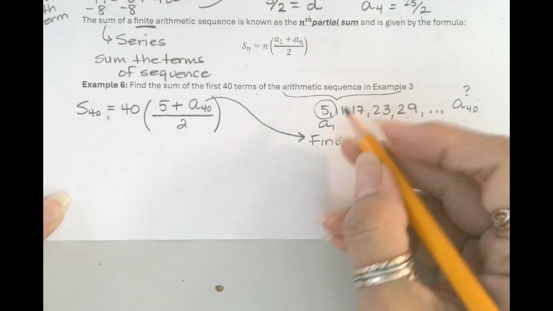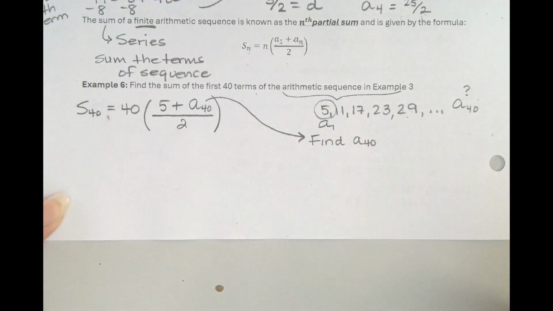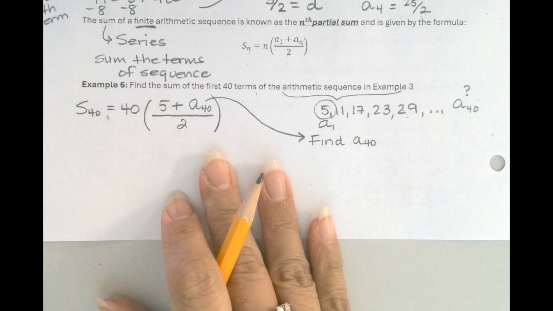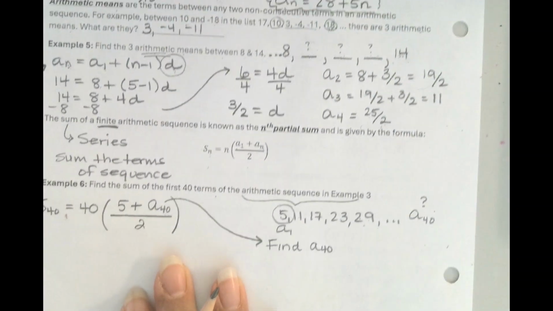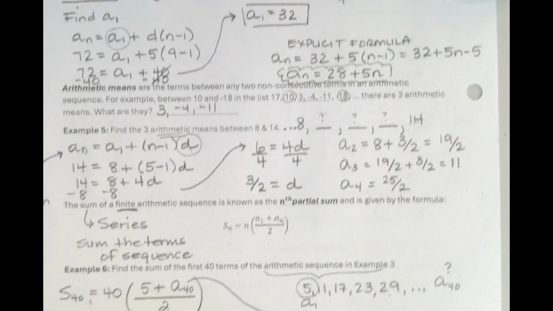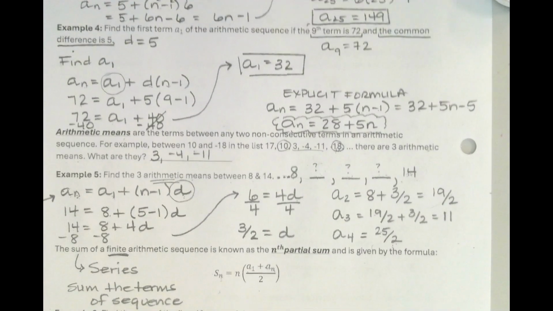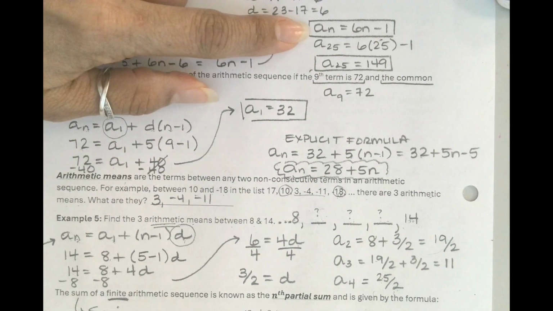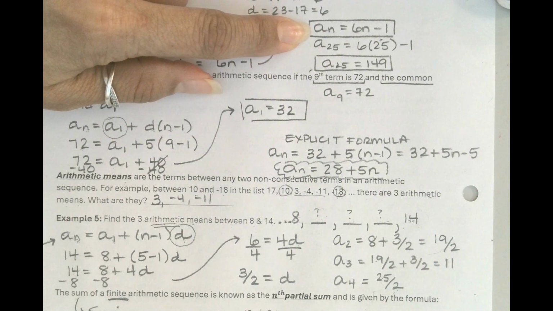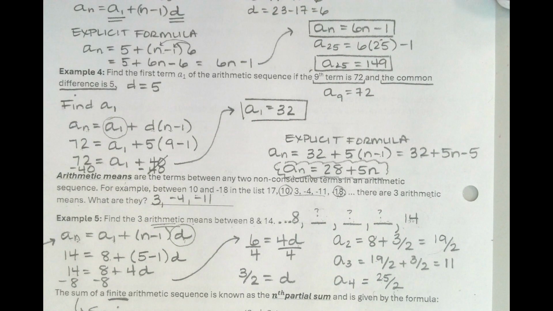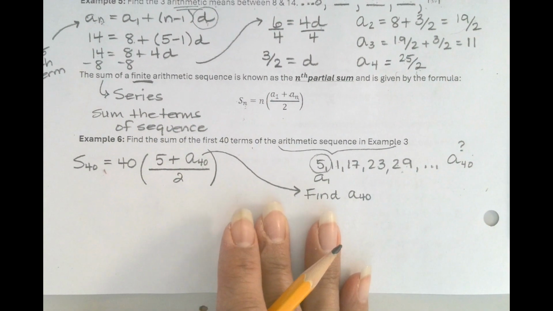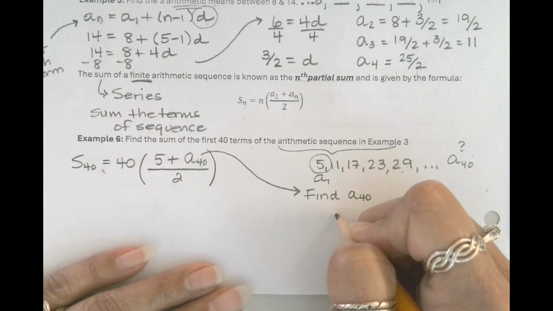I'm going to use my nth term formula. My nth term formula in example number 3 was 6n minus 1. So let's come back down here and use that formula to find a sub 40.